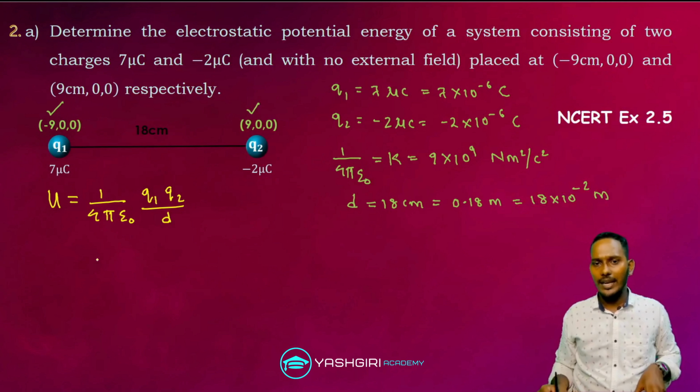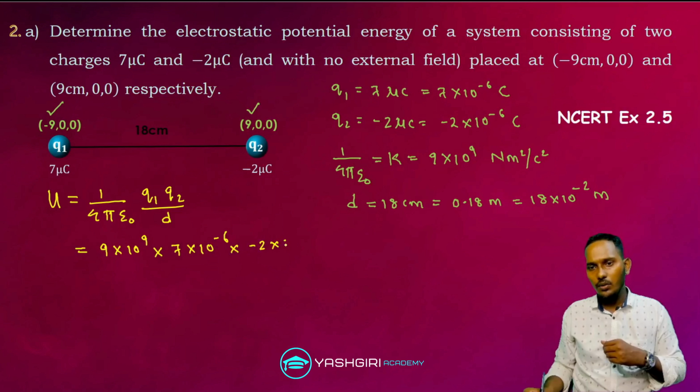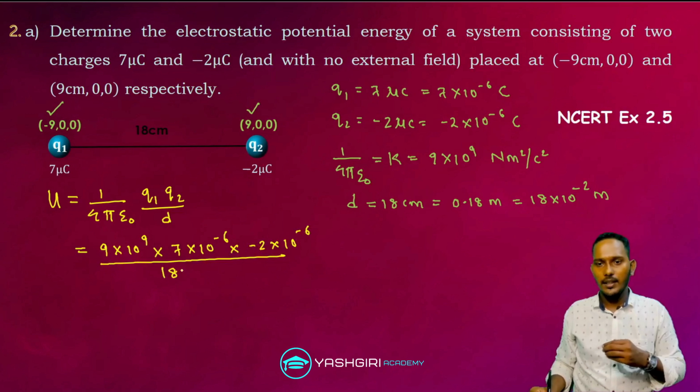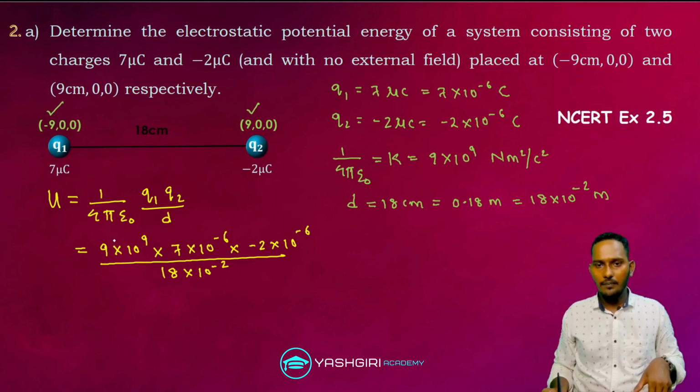Straight away go for the calculation. So here 1 upon 4 pi epsilon naught is nothing but 9 into 10 to the power 9. The product of the 2 charges, 7 into 10 to the power minus 6 into minus 2 into 10 to the power minus 6, over the distance of separation, 18 into 10 to the power minus 2, right? Now from here on, students, you can start the calculation work, right? 9 ones are 9, 9 twos are 18, so 2 ones are, and here again 2 ones are, right?